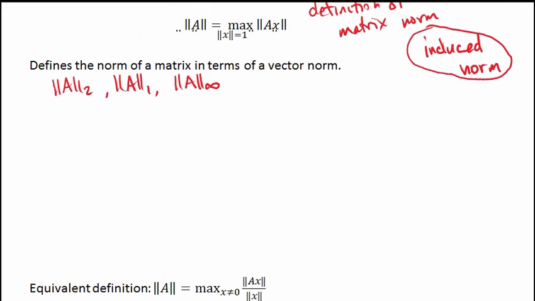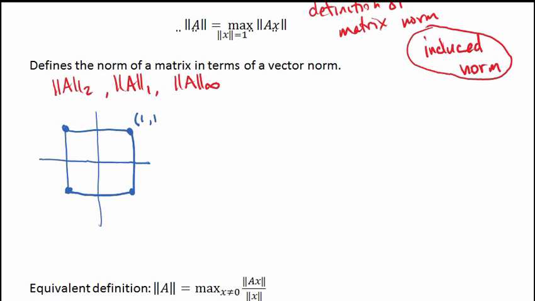If we want to visualize what this norm is telling us, it's about the actions of A as a linear transformation. So let's take the infinity norm as an example. Remember that the unit circle in the infinity norm is actually this square, with corners at 1, 1, and so on. Well, if these are the vectors, then after we apply A to every single vector in that picture, what do we get? Each of those 4 corners will map somewhere.